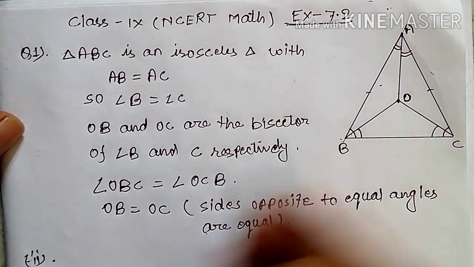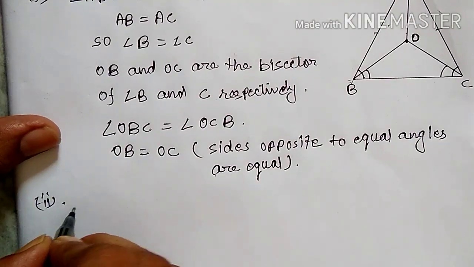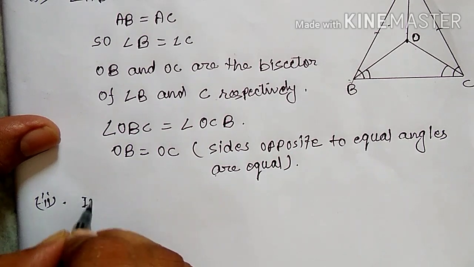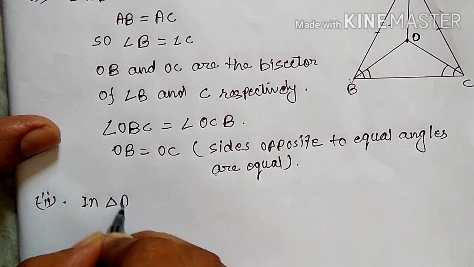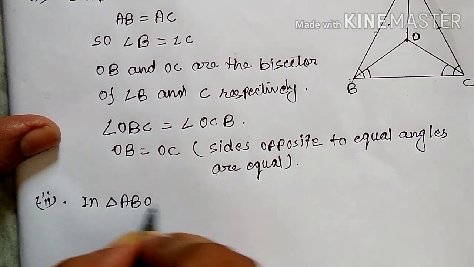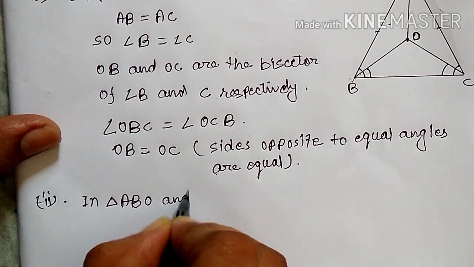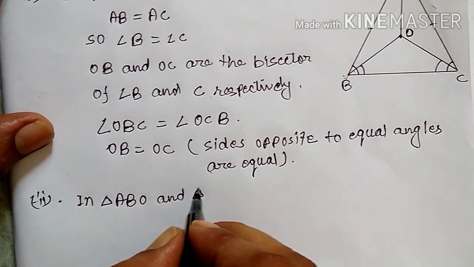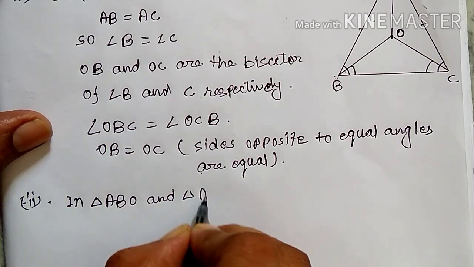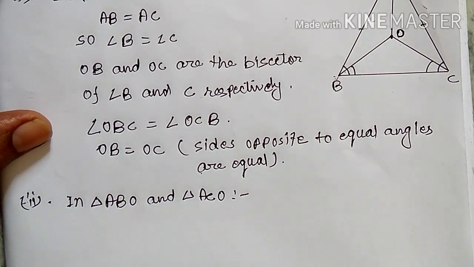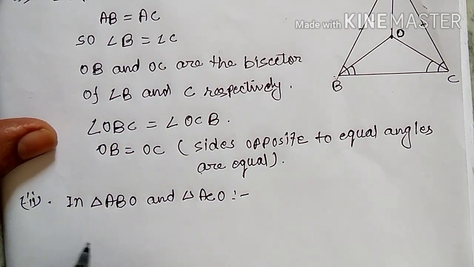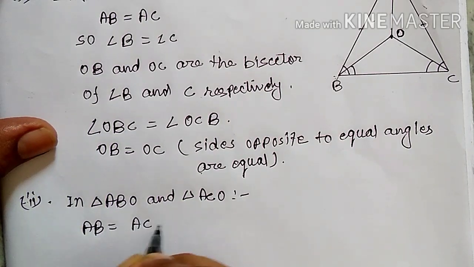Now in triangle ABO and triangle ACO, given here AB is equal to AC, it is given.